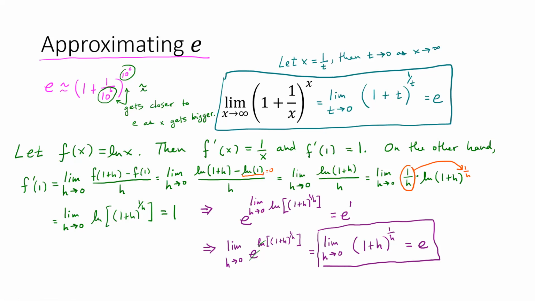So here I'll say it's something around 2.71. So the actual value of e is fairly close to this value.